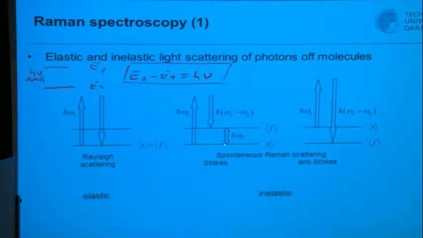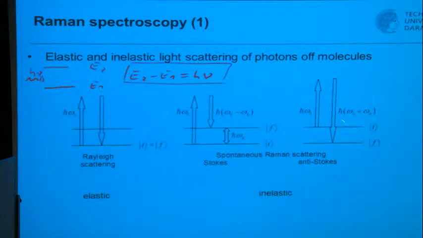It could be that afterwards your molecule is in a higher energetic state, for example, vibrationally excited, or it starts from a higher level and later on is in a lower energetic state, such that the scattered light has either a smaller or a larger frequency. Where the frequency of the scattered light is reduced, that's called Stokes. In the other case, where you have a higher frequency, that is called anti-Stokes.